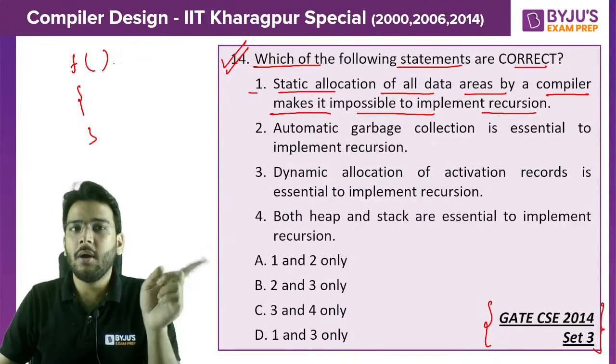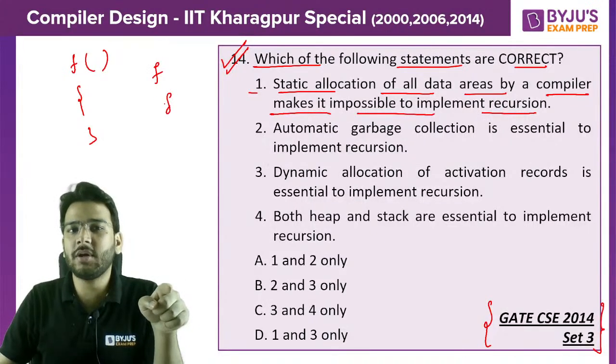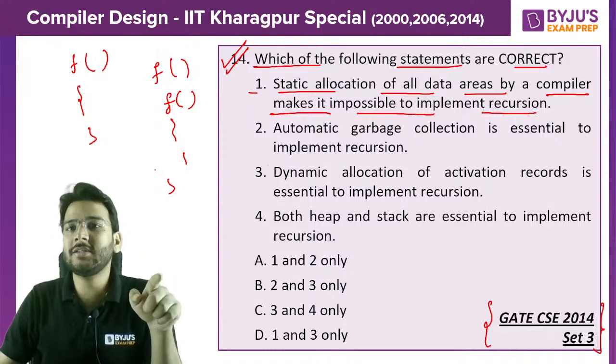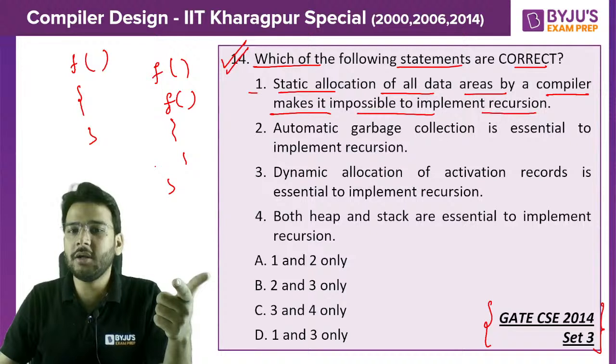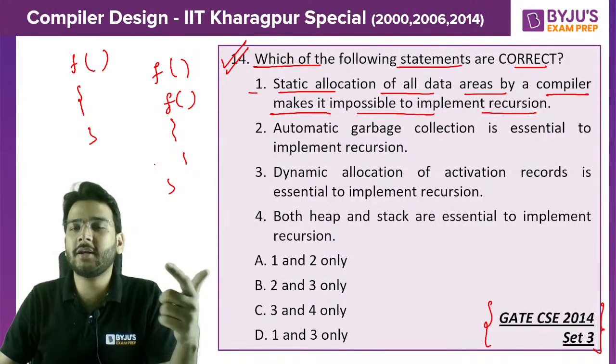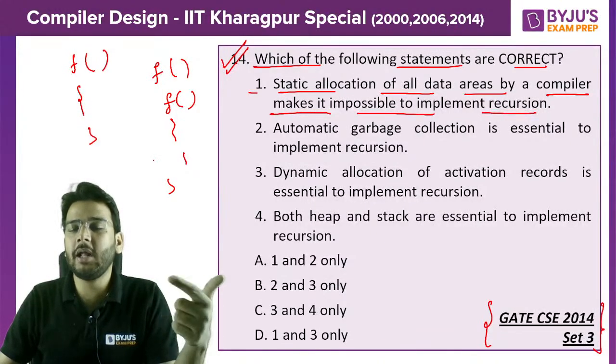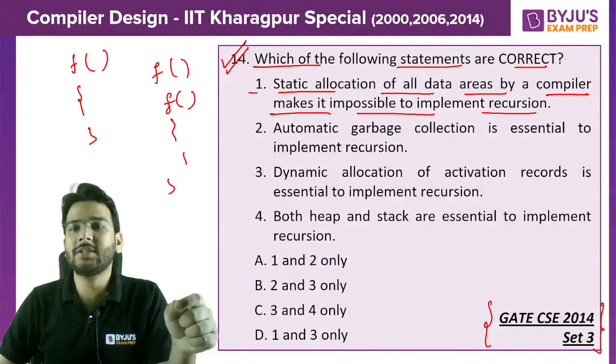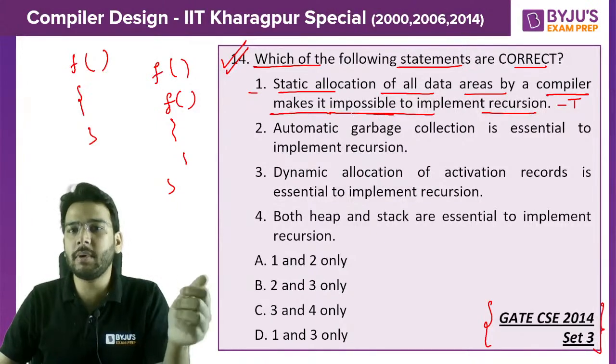Are you getting this? But if you have some recursive call, in case of static allocation, you cannot implement recursion. Clear? Because you have to make the activation records again and again depending upon the recursion. So this is correct. This is true because it makes it impossible to implement recursion.